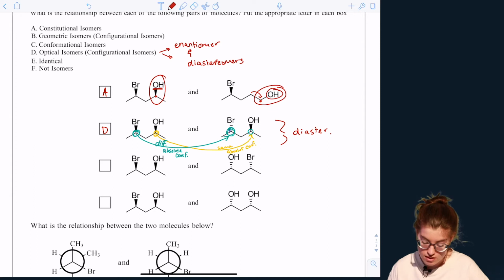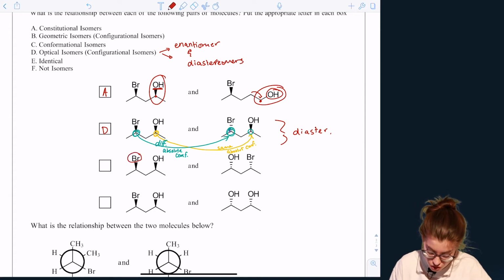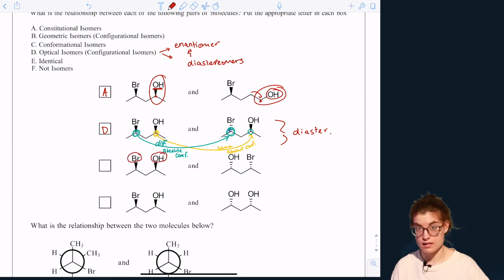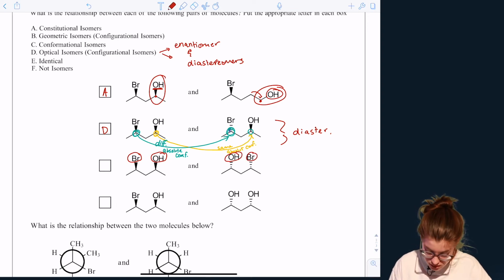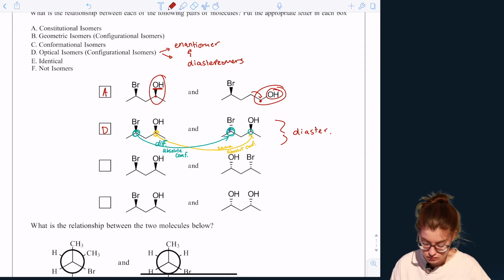The important detail in this case was to make sure that you knew where the hydroxy group and the bromine group were. So notice here the bromine's on the left and the hydroxy group's on the right, but the bromine over here is on the right and the hydroxy group is on the left. So I need to be more careful when I'm looking at these.